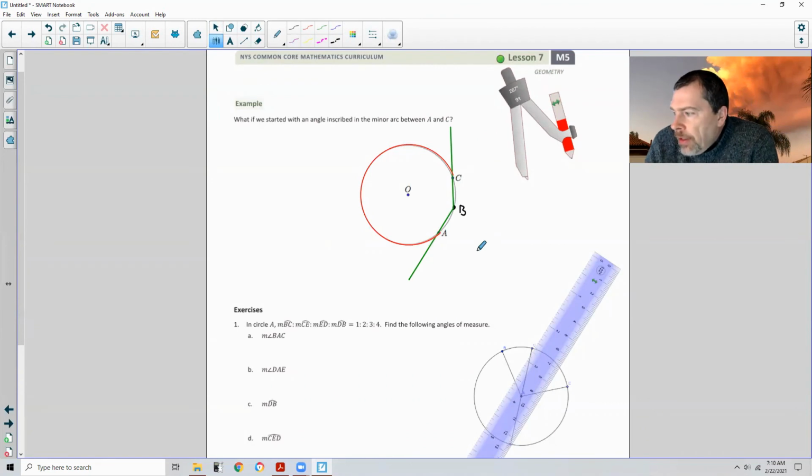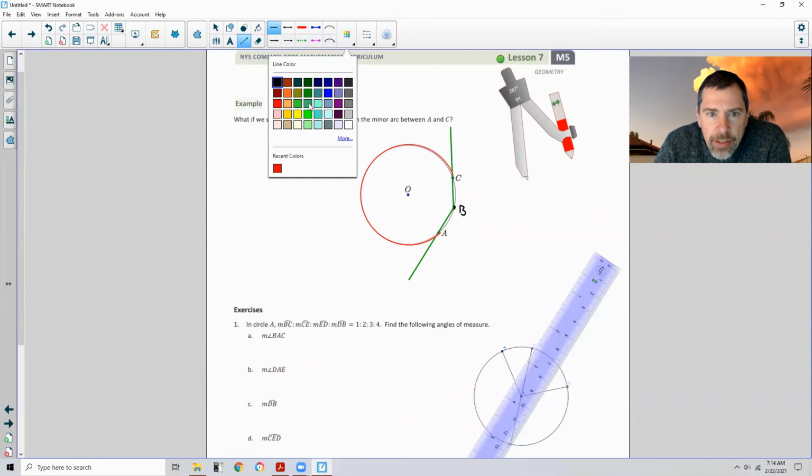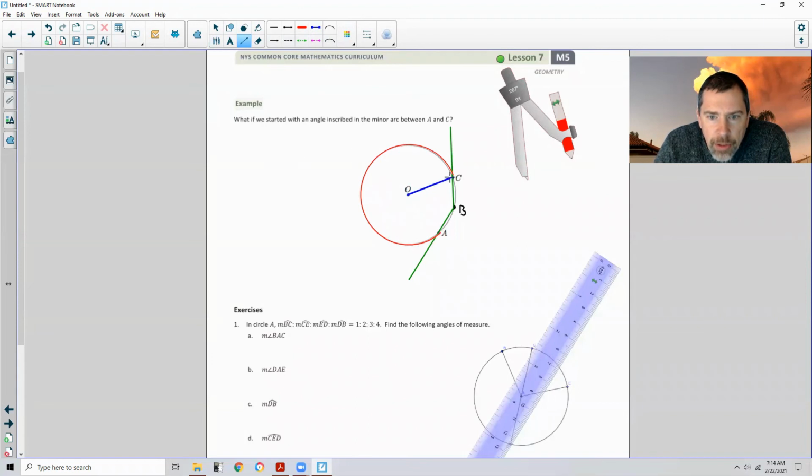The next thing we want to do is measure an angle. You should do this as well with your ruler. Draw segment OC, which is a radius of the circle, and draw segment OA, which is also a radius of the circle.